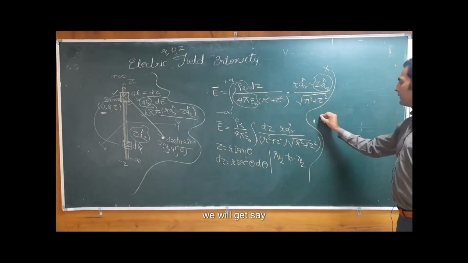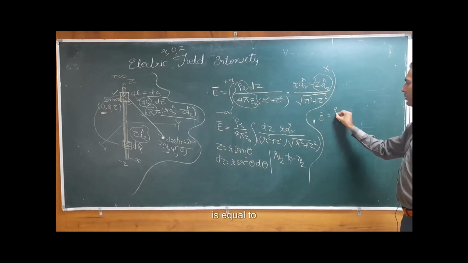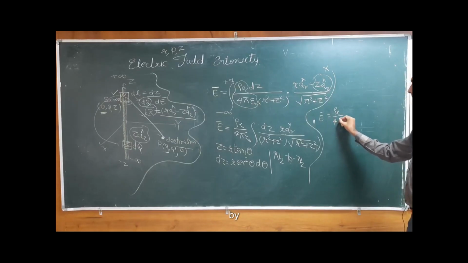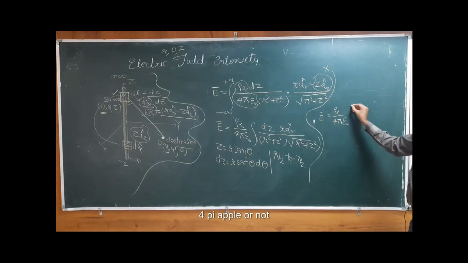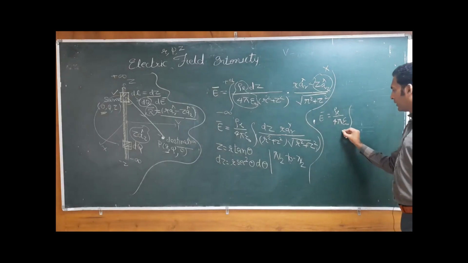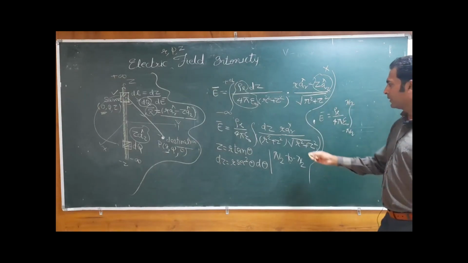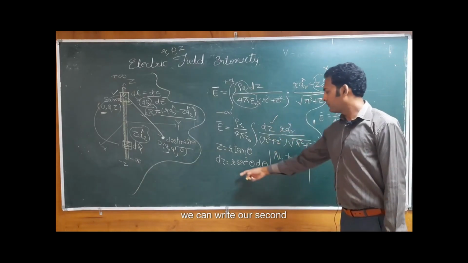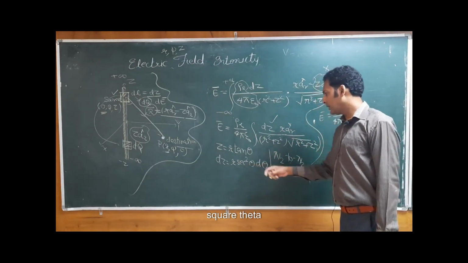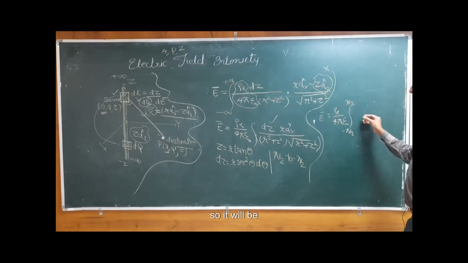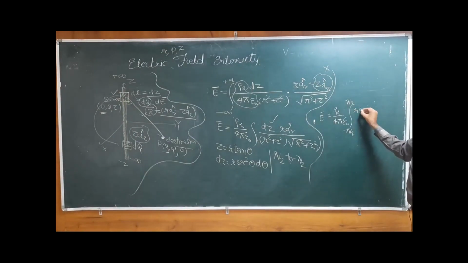We will get E bar equal to rho L by 4 pi epsilon naught, the new limits are minus pi by 2 to pi by 2. So in place of dz, we can write r secant square theta d theta, into r ar cap.